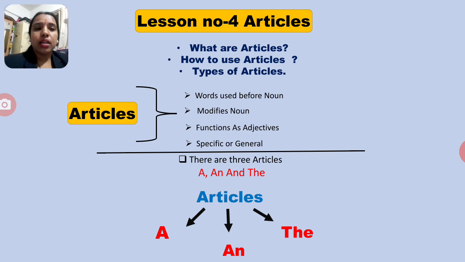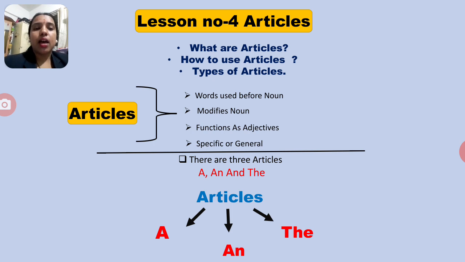Articles are words which are used before nouns and modify nouns, and they tell more about the noun. Articles give more information about the noun. They also function as adjectives. Articles can be specific or general.